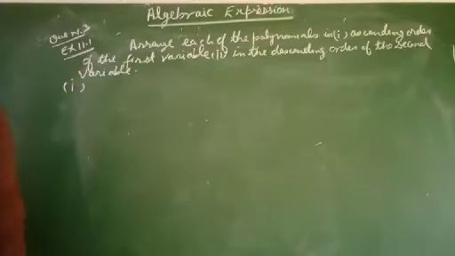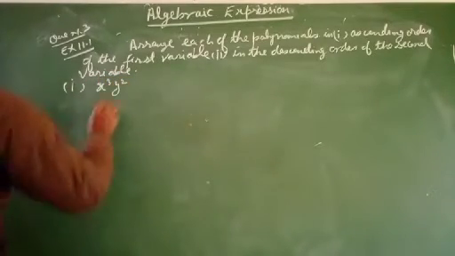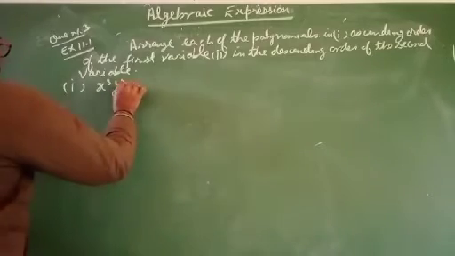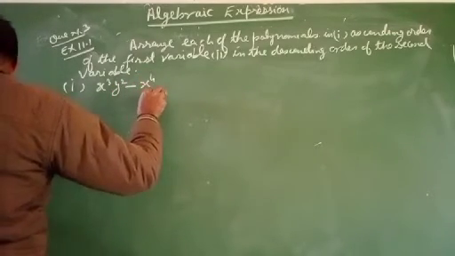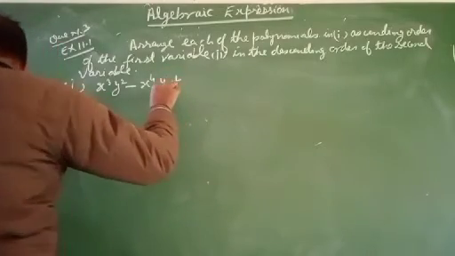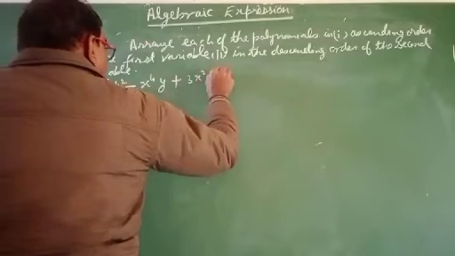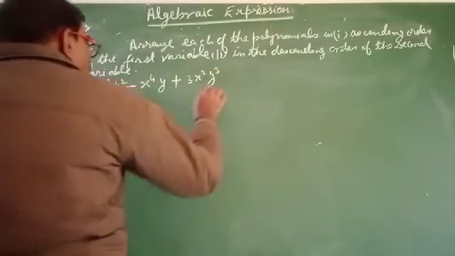First is x cube y square minus x to the power 4 y plus 3x square y cube minus 2xy.